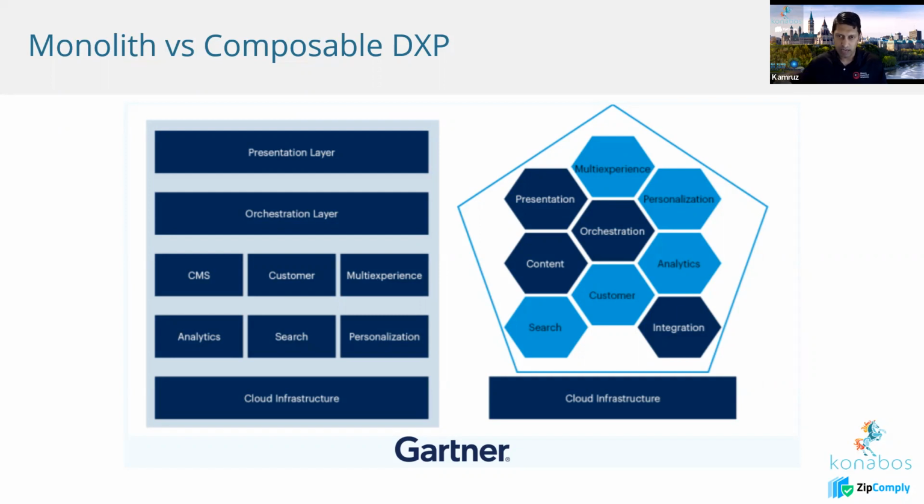They are built on top of the content management system using the CMS's own proprietary SDKs. You may also have other systems within this monolith to supplement functionality such as personalization, search, analytics, emails, marketing automation, even e-commerce and any other multi-experience systems.